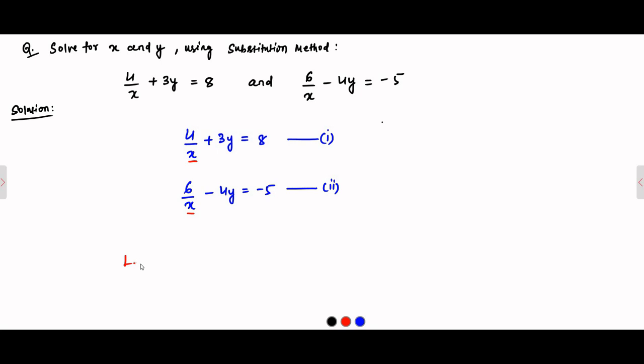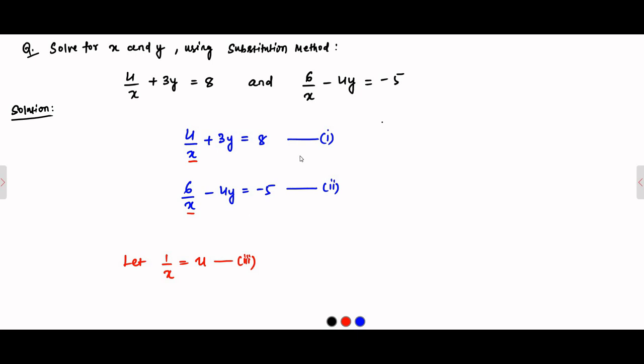Let 1 by x is equal to u, where u is a third variable which we assign, which is equal to 1 by x. So let's call it 3.